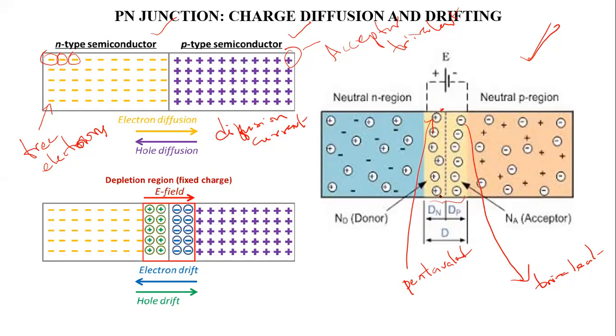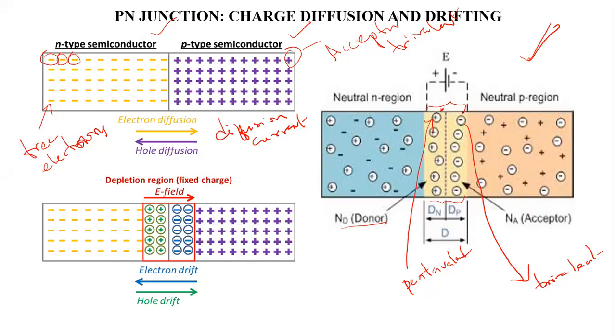The pentavalent atom, after donating one free electron, we call a donor atom. The trivalent atom, after accepting one free electron from the neighboring pentavalent atom, we call an acceptor atom. Acceptors form negative ions, and donors form positive ions. So this region is known as the depletion region, and it is also called the space charge region.